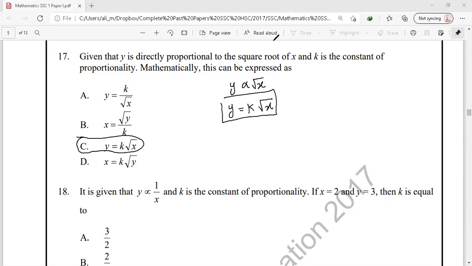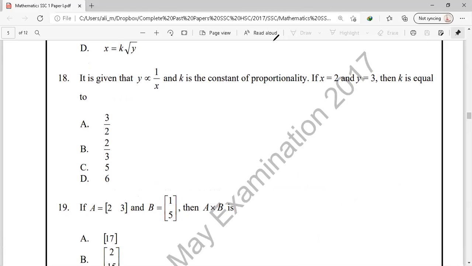So let's see the other question, that is question number 18. In this question, it is given that y is proportional to 1 over x. So k is the constant of proportionality. So the equation would become y equals k over x.